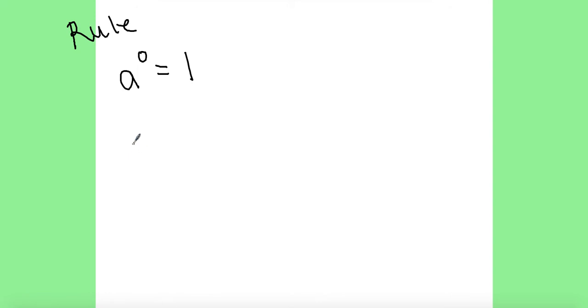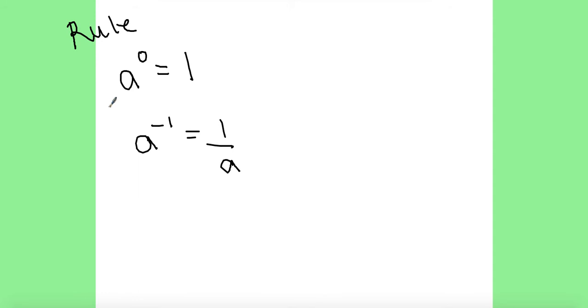And a rule that anything raised to a negative power is 1 over that power positive. But again, rules we often don't memorize, or we don't memorize them correctly, and we tend to get them wrong.